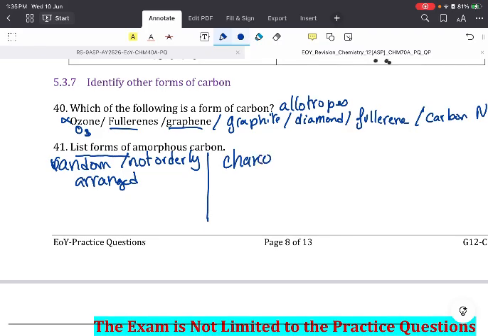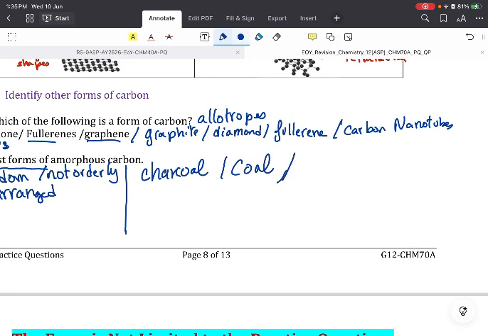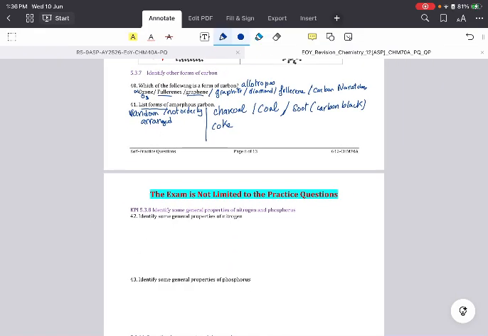Charcoal is an example. Coal, charcoal, or coal. The soot, you know, that black thing that forms when something is burning. We call it soot, or carbon black, also known as carbon black. Coke. So I guess these are some examples that I can remember now.